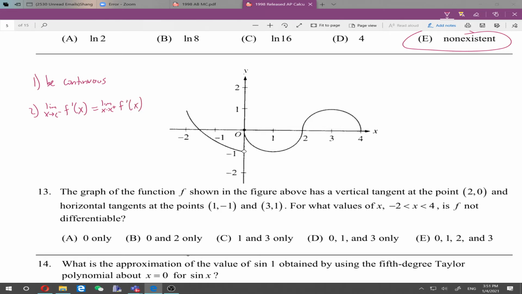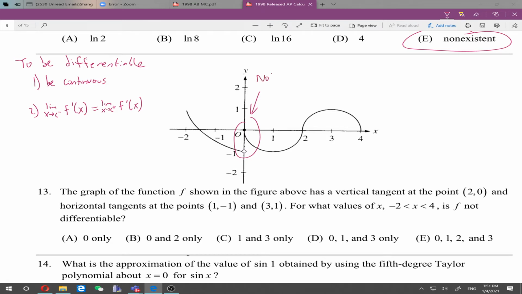So the slope must be the same from the left and the right to be differentiable. Okay, so you're right that we are not differentiable here.